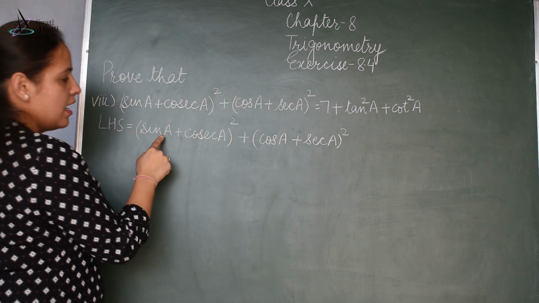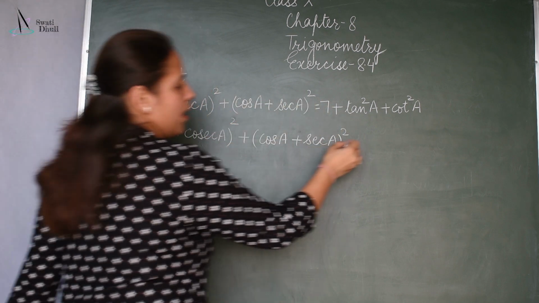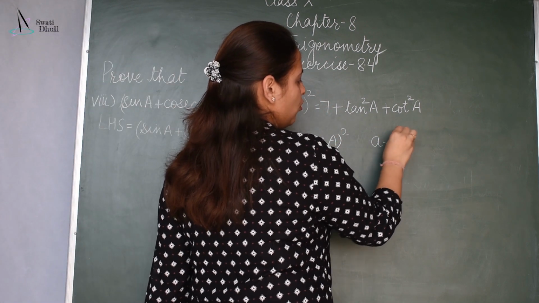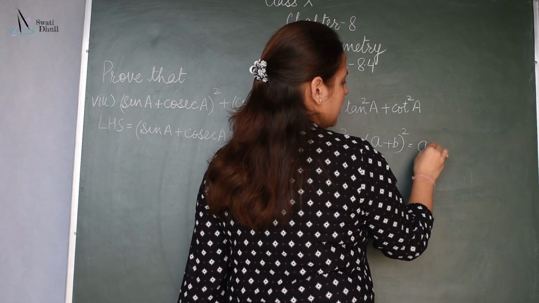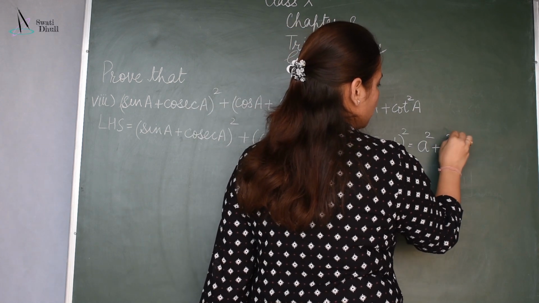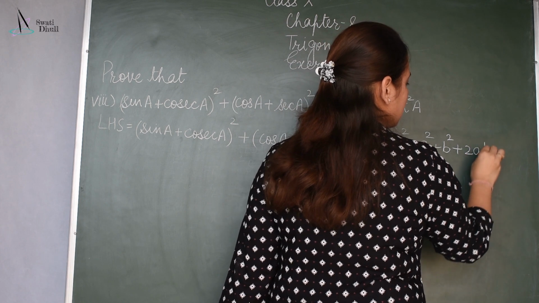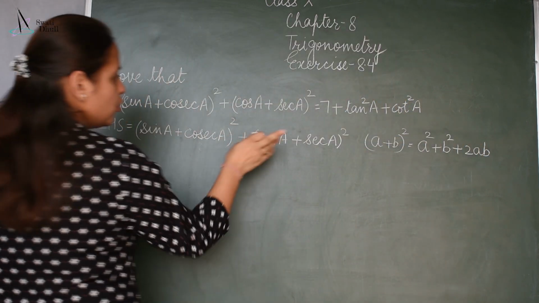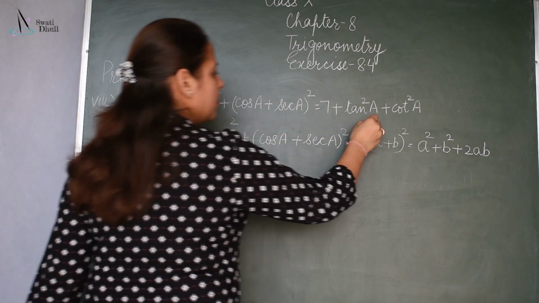Now see here, a plus b whole square. What is a plus b whole square? Is a square plus b square plus 2ab. So we can use this algebraic identity over here.